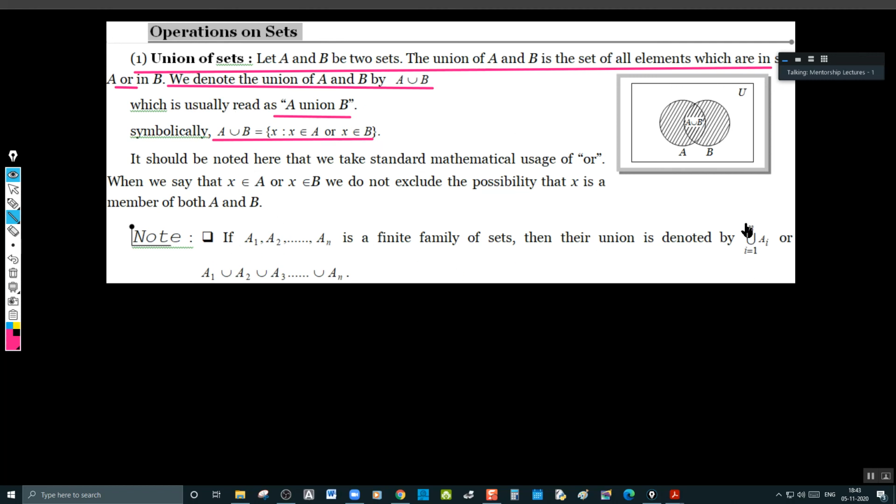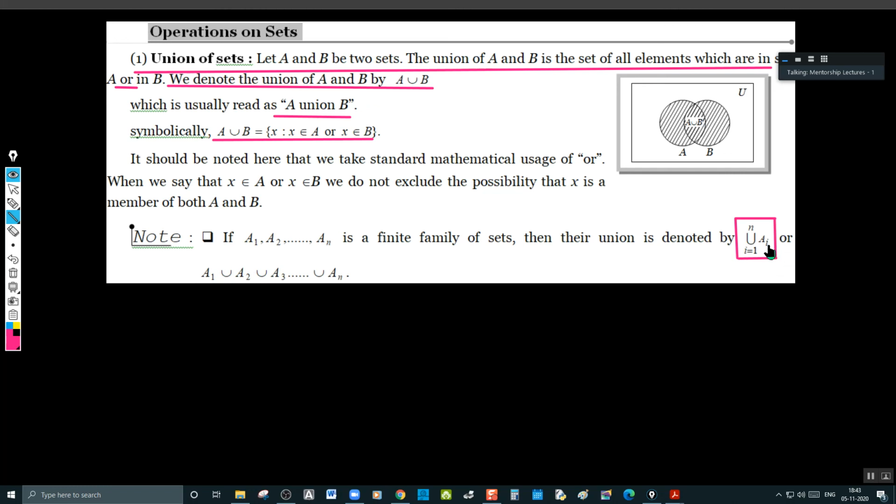Now, theoretically, just see this. This is read like sigma notation. Sigma stands for summation; similarly, here this is union notation. Follow this carefully. Union of Ai, i runs from 1 to n. What does it mean? In place of i, write 1, A1.